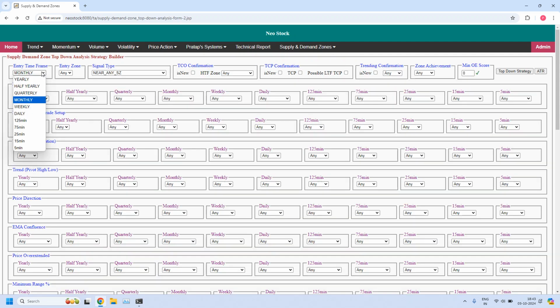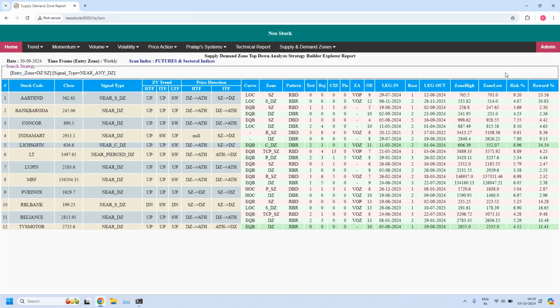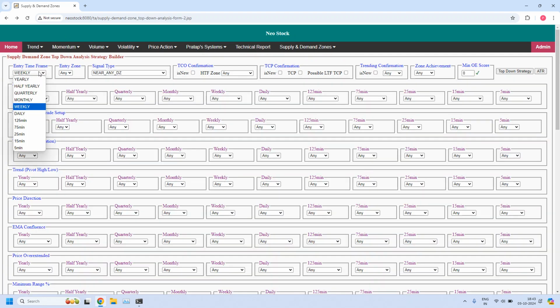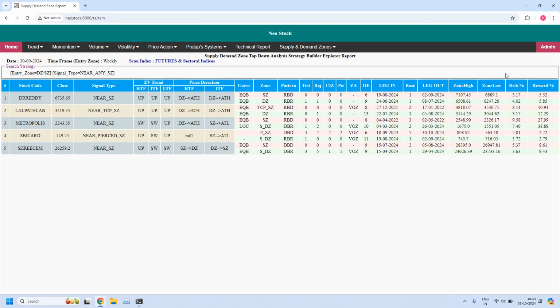Next time frame is weekly. Let us find the stocks near weekly demand zone. 12 stocks are filtered near to the weekly demand zone. Next, for weekly time frame, let us find the stocks near weekly supply zone. 5 stocks are filtered near to the weekly supply zone.